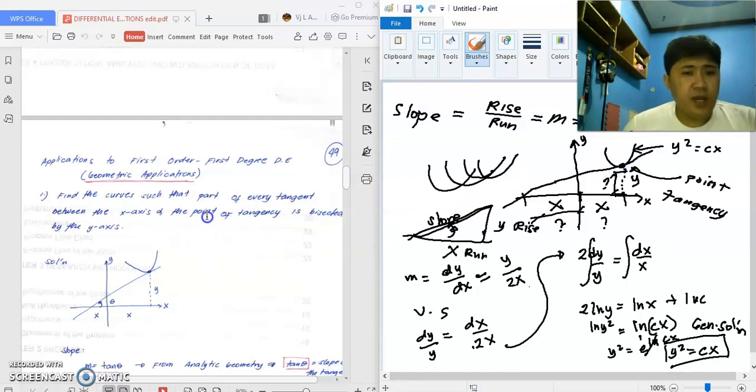So from here, our tangent between every tangent and the x-axis is bisected by the y-axis. So it is bisected, meaning divided equally.